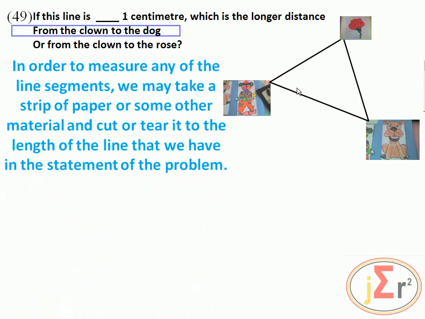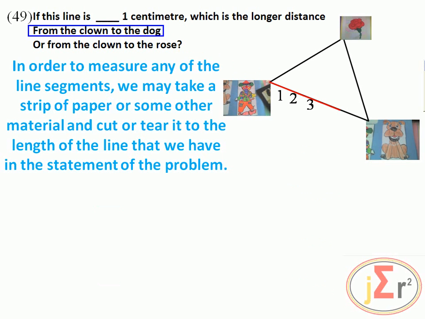So let us use it. So we are going to measure from the clown to the dog. So we take our strip and we make it the same length as the one that is given to us, and we use it to measure.